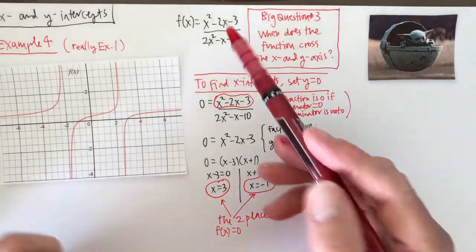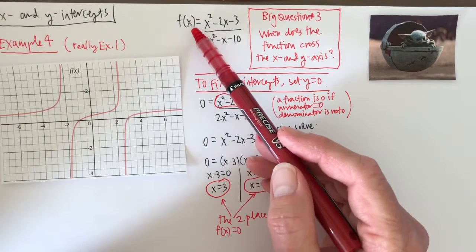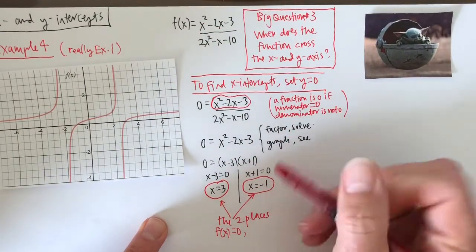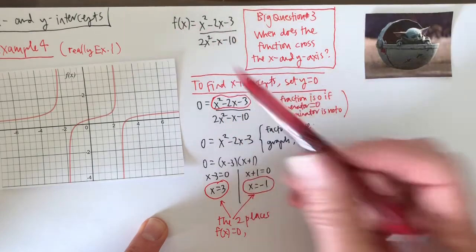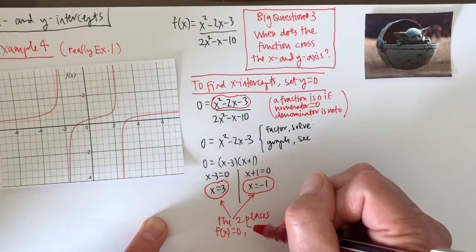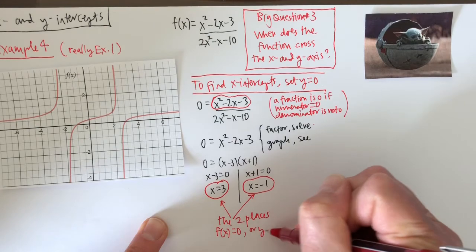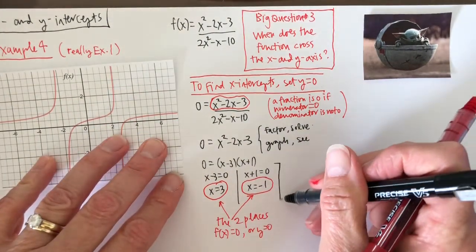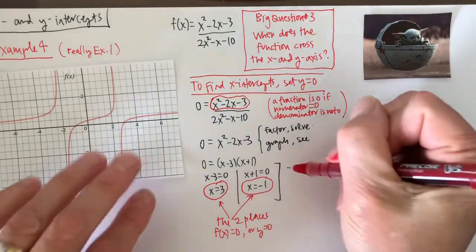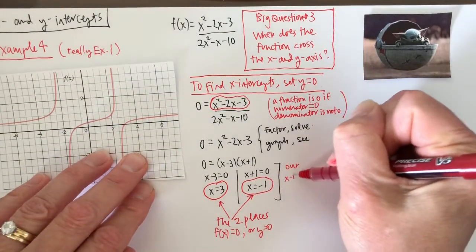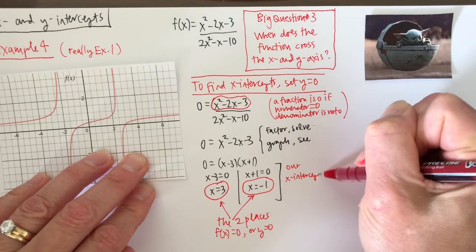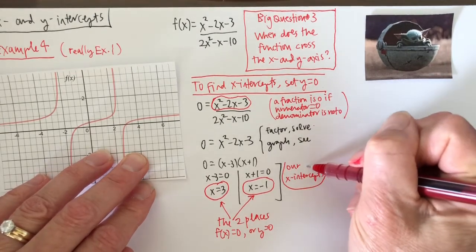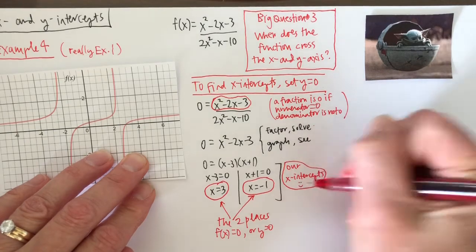If you plug 3 in for x, you'll get a 0 for an output. If you plug -1 in for x, you'll get that y equals 0, or the output is 0. So these are our x-intercepts. X-intercepts always mean where the y value equals 0.